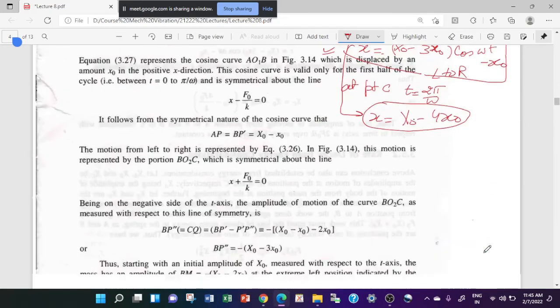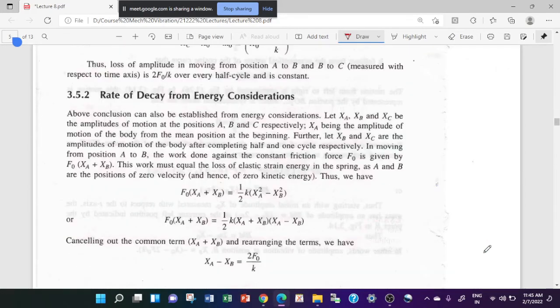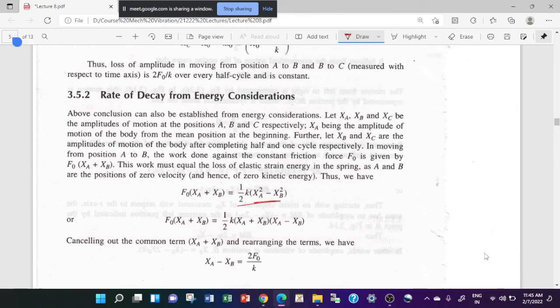So you got this frictional force here, and this is the loss in the energy in the spring, and this will be basically causing some frictional work done here.